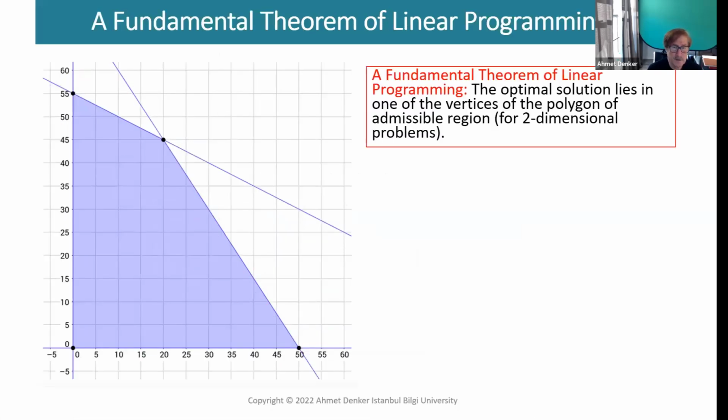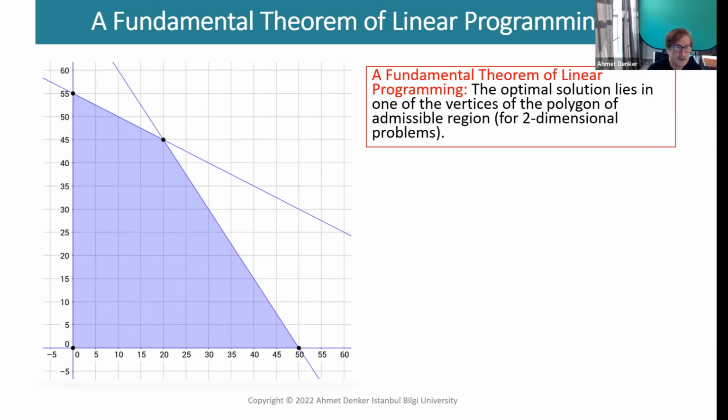And the fundamental theorem of linear programming here is that the optimal solution lies in one of the vertices of the polygon of the admissible region. And this is, of course, for 2-dimensional problems, but in this course, we are confined to the 2-dimensional problems.